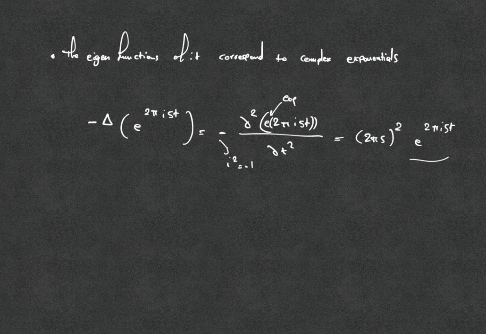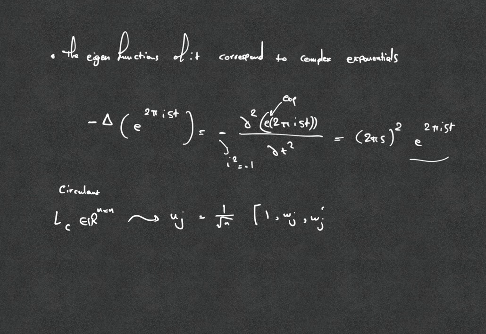One can verify that if you consider the circulant Laplacian that we discussed when we were talking about discrete time-varying signals, that L_C, which was a member of R^(n×n), has these eigenvectors u_j, in which w_j is defined like this.